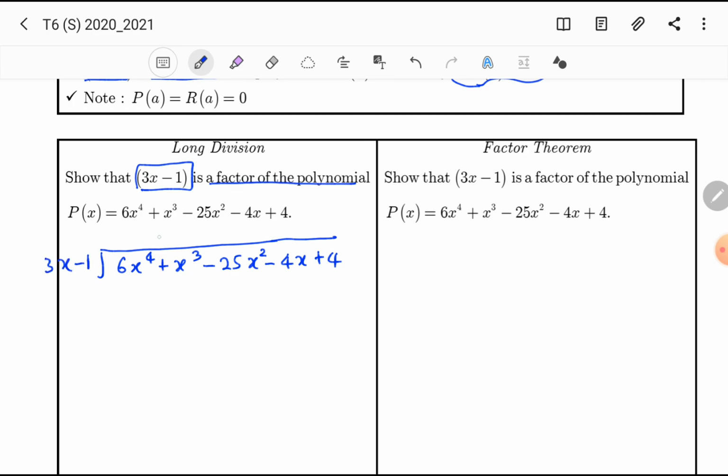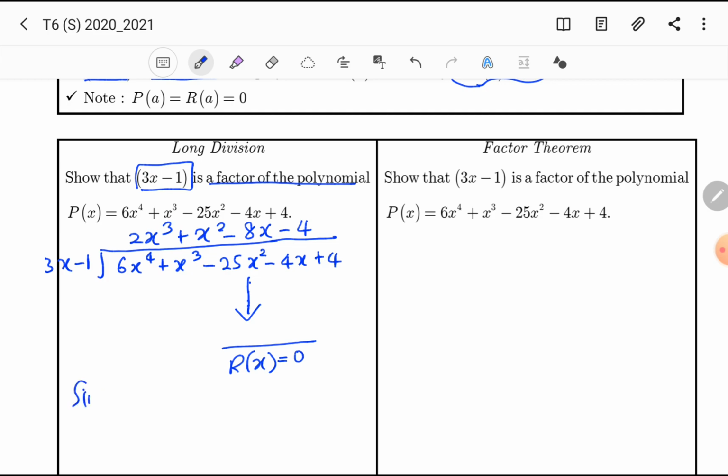So if you try to calculate using method yang saya dah ajar untuk long division, so you will get 2x cubed plus x squared minus 8x minus 4, and then your remainder part will be 0. Okay, so you proceed lah untuk kira, you akan dapat remainder equals 0.